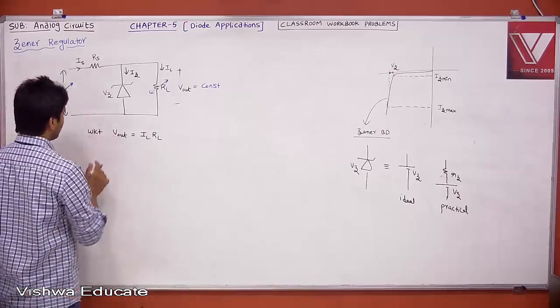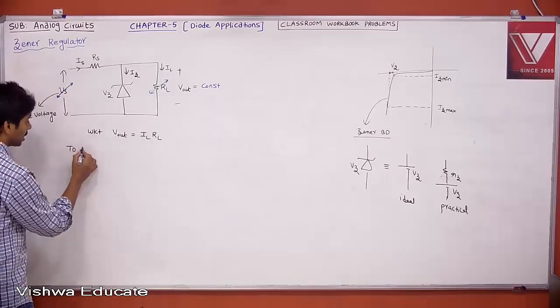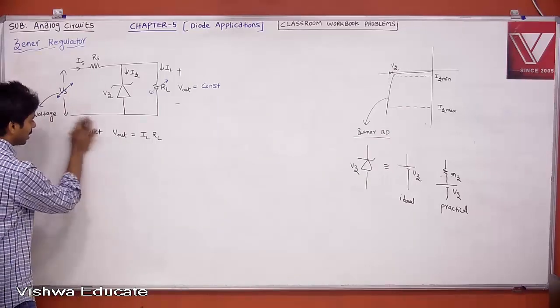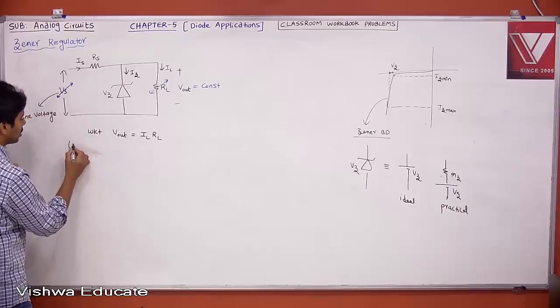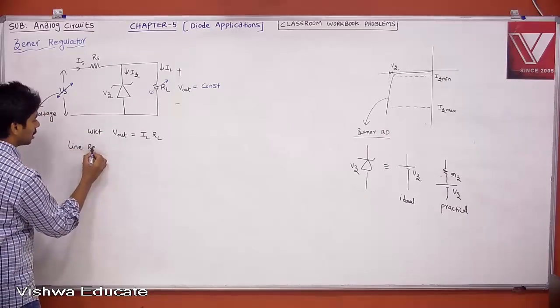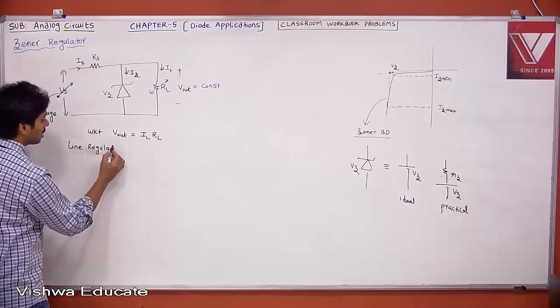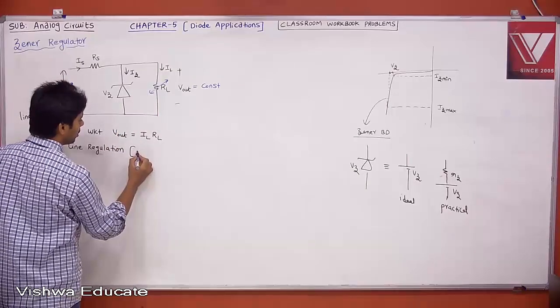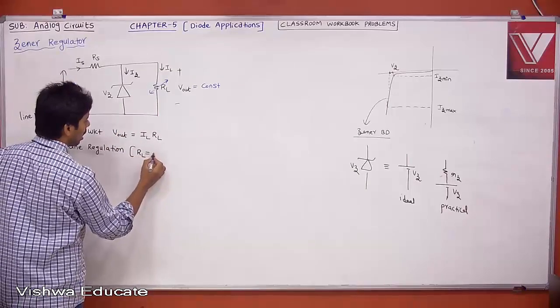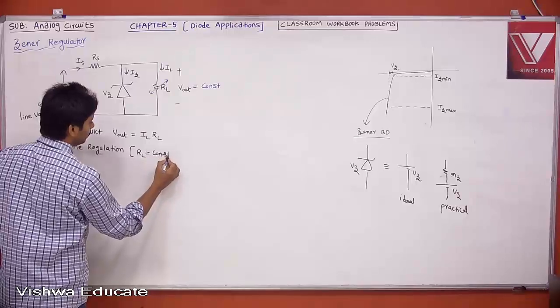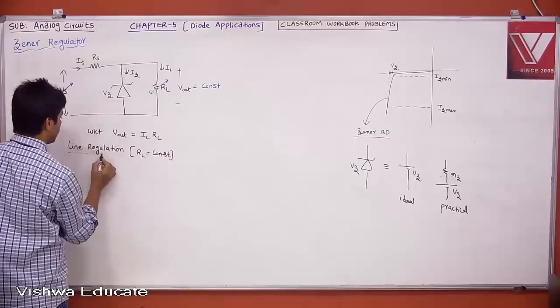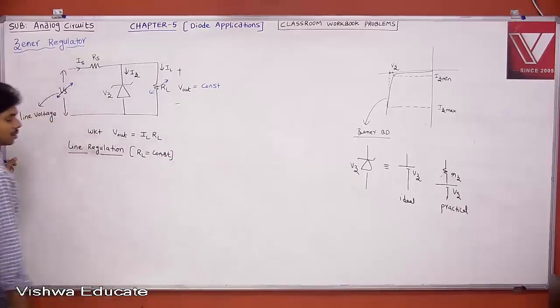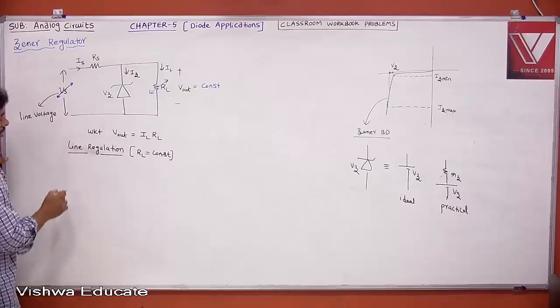Now I'm explaining line regulation first. When I explain line regulation, you have to keep the load constant. Let us say RL is constant. Then I'll speak about load regulation. When I say line regulation, what does it mean?